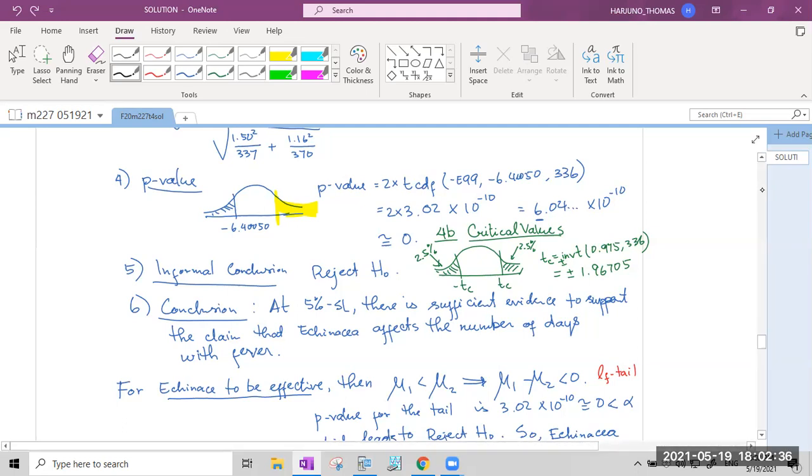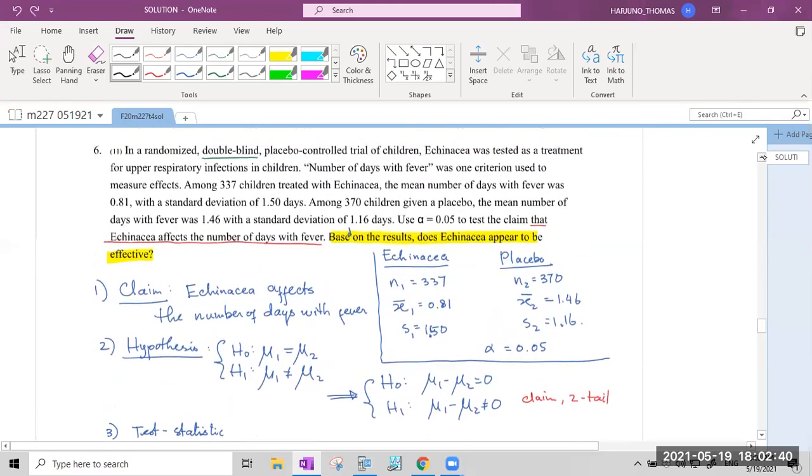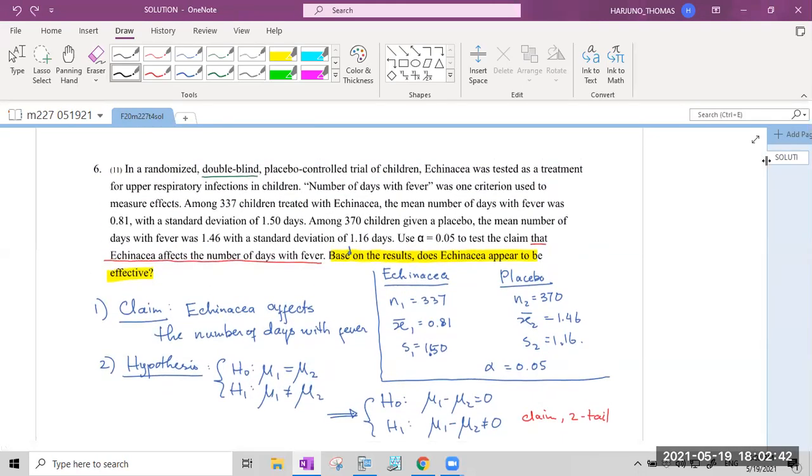So when I gave this test, I remember I gave this question twice. I think I gave that in fall, and I also gave that in summer. And both times I gave this test, I had students saying, but Thomas, what is the claim supposed to be? Is the claim to be effective or the claim to be affecting the number of days?